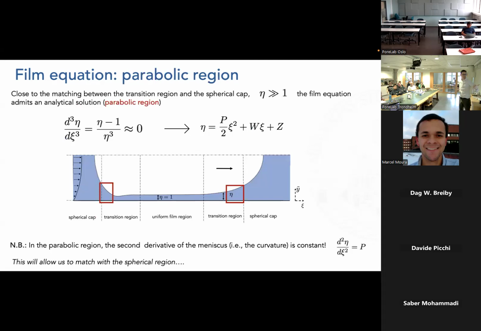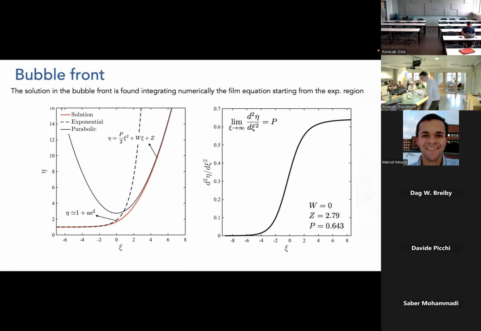And the fact that here the profile is parabolic is very important, because if you compute the second derivative of the bubble profile there, the curvature, and you can see here the bubble profile computed on the left and the curvature on the right, you see that when the profile is getting parabolic, the second derivative, so the curvature, is becoming constant.